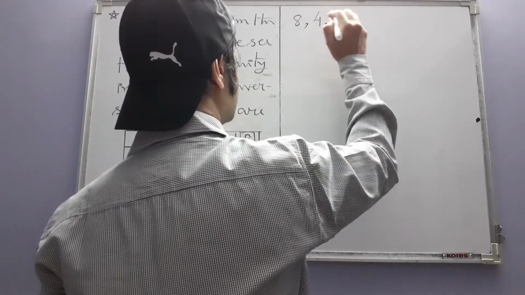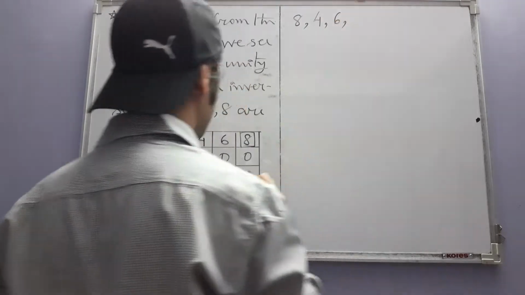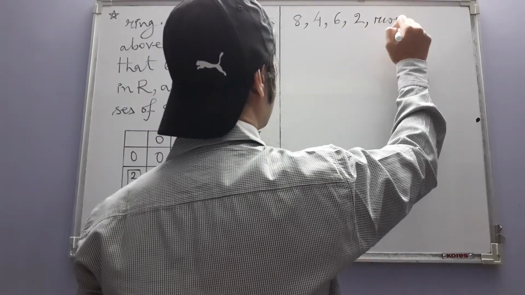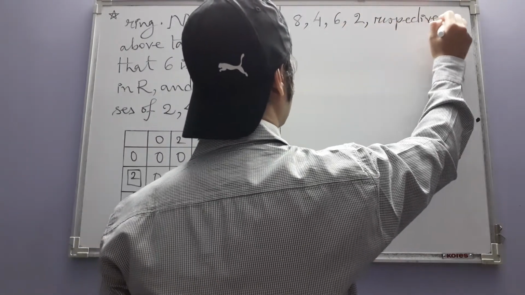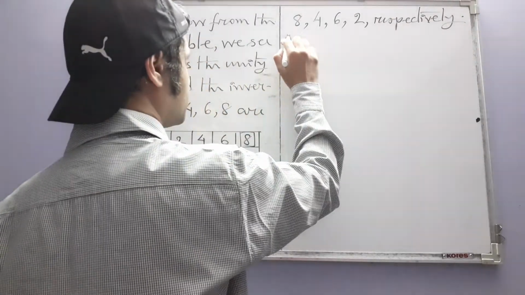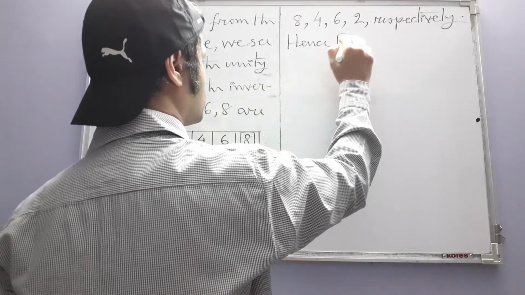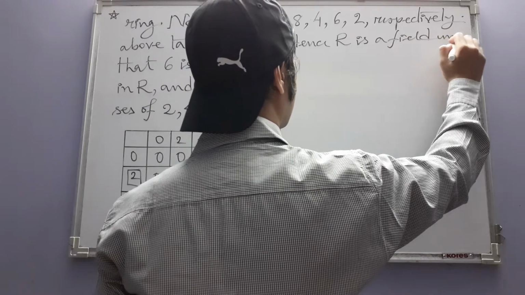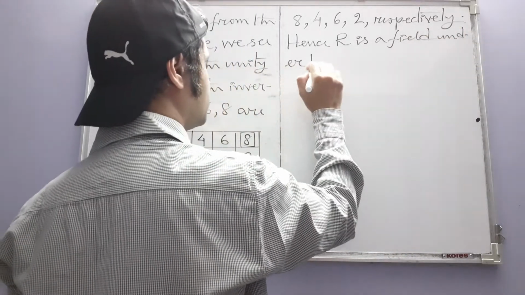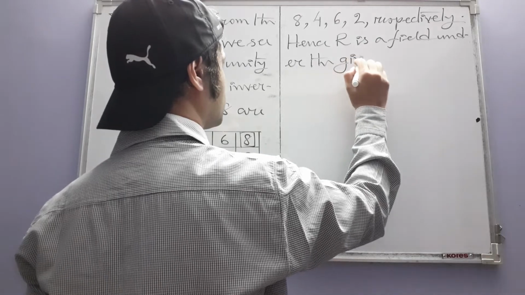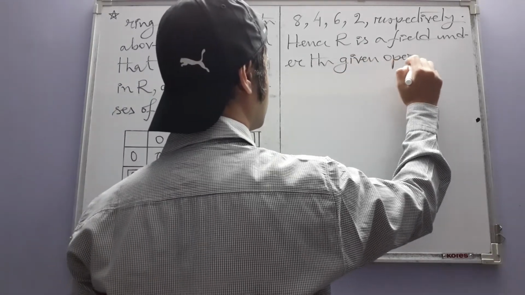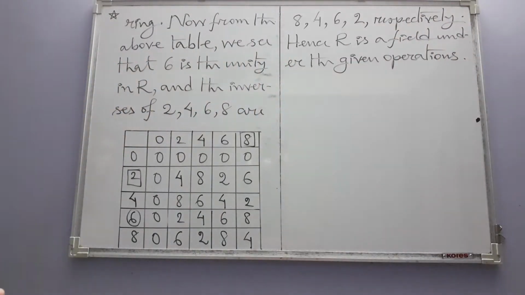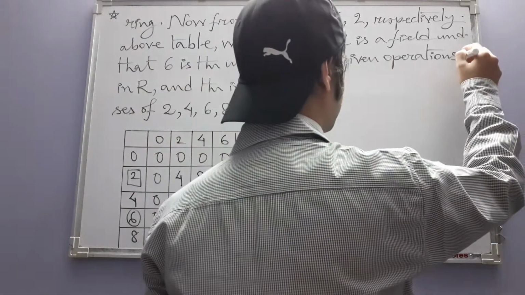So inverse of 4 is itself, inverse of 6 is itself, and inverse of 2 is 8, so inverse of 8 is 2, respectively. Hence, R is a field under the given operations, and this is where the exercise ends. I mean the solution ends.